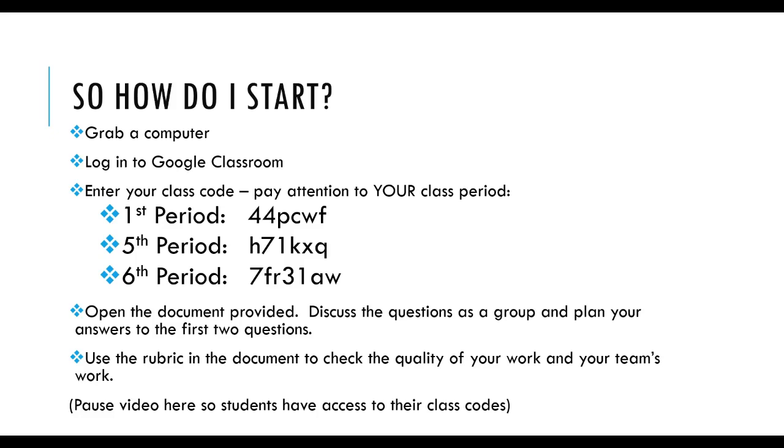There's a little plus mark and it will let you join a class. When you get that prompt up, you will enter the class code for your class period. Make sure you pay attention to your class period. It's very confusing if someone from 6th period is turning in their work with the 1st period group.